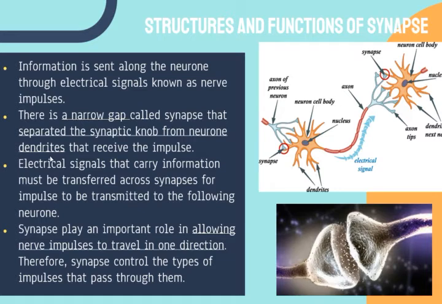This is the dendrites of the other neuron, and this is the synaptic node of the neuron. The gap here we call synapse. So synapse is important to allow the nerve impulse to travel in one direction only.